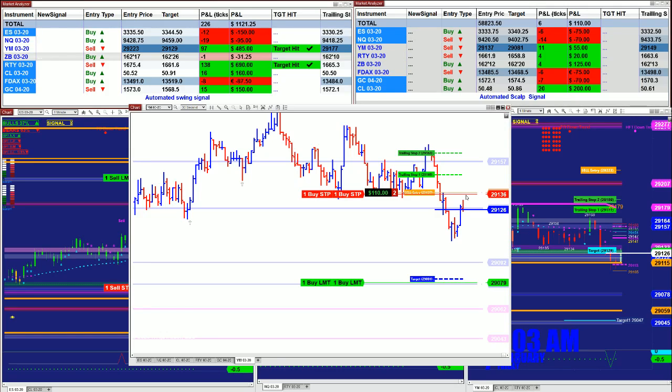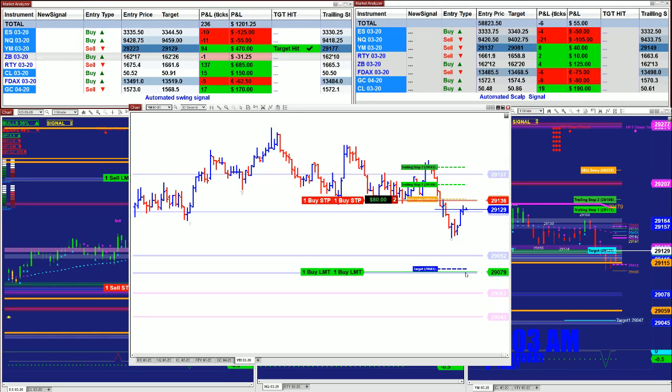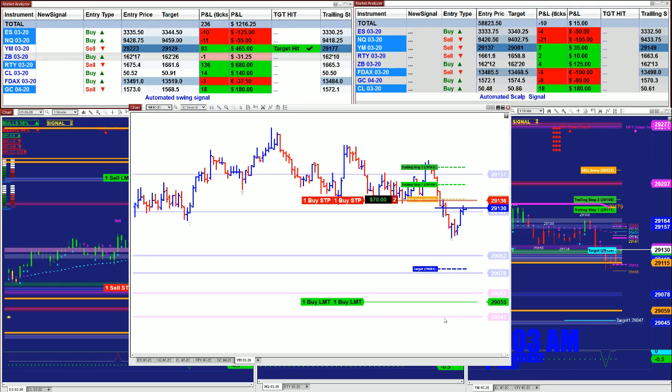So right now, if this market comes into 29092, I'll get rid of one, and I will leave one as a runner. If this market starts trending, you know what? I'm going to extend this target. I'm going to try as much as I can to suck the blood out of that trade. And this is what it is, guys.